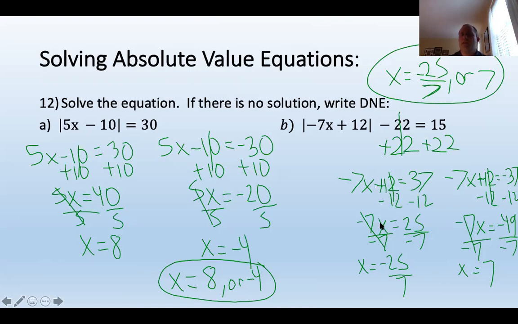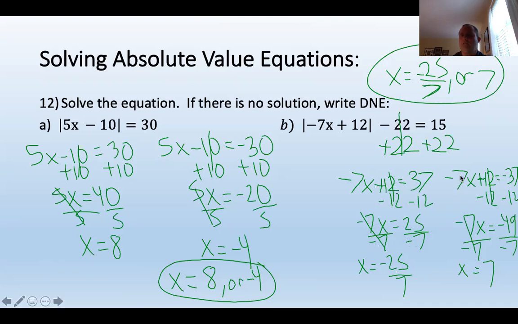You'd have negative 7x equals 25, and then we would want to divide through by negative 7 to cancel the negative 7 out in front of x, and you'd have x equals negative 25 over 7. And you really should just leave it like that. There's not any simplification you could do there.